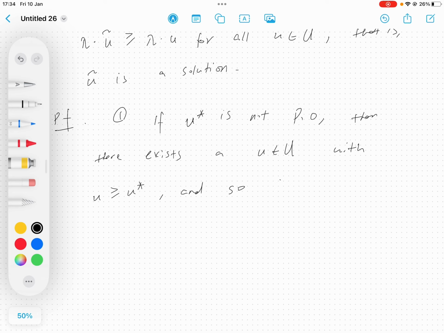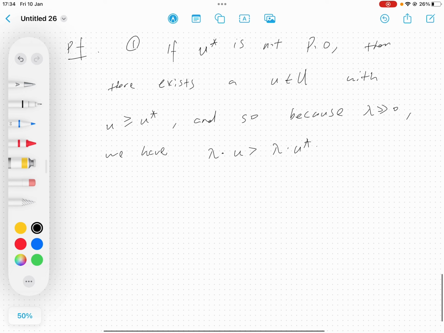And because we have this lambda greater than 0, we have lambda U strictly greater than lambda U star, and that'd be the contradiction.